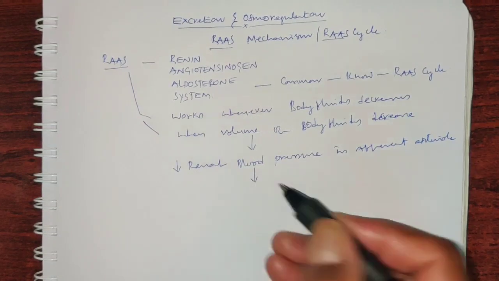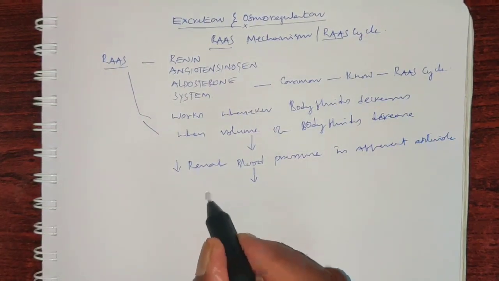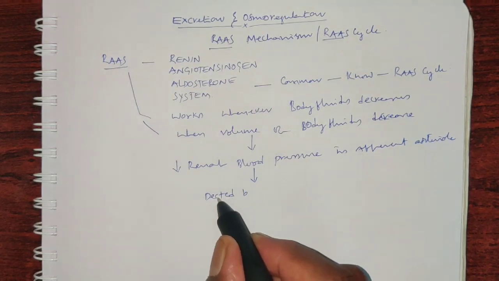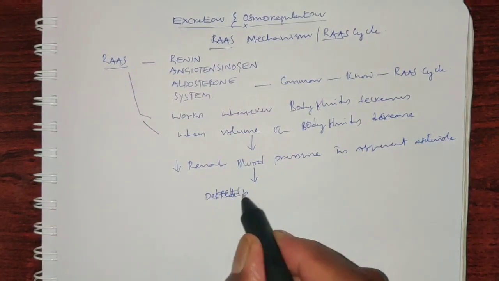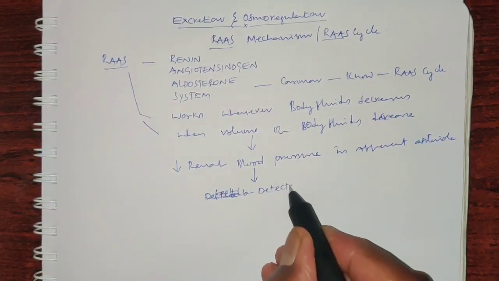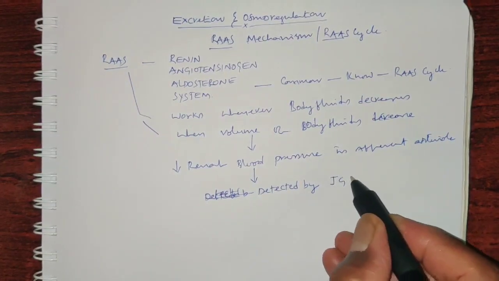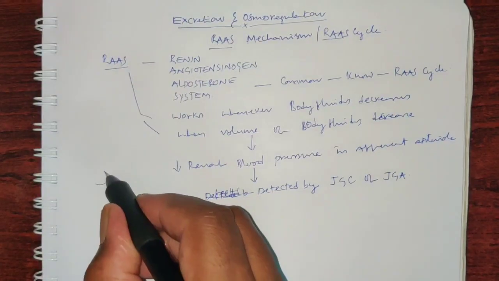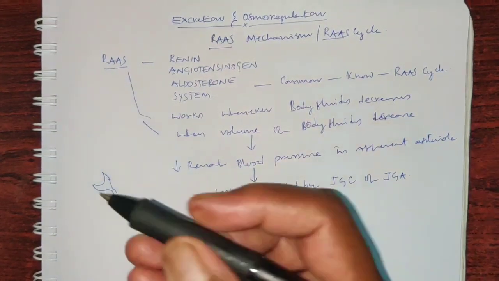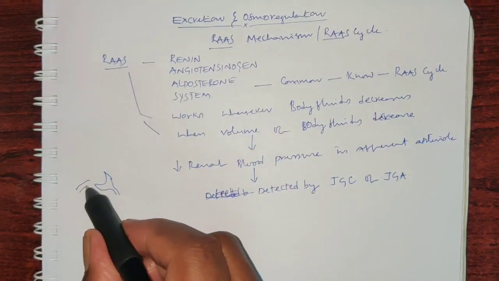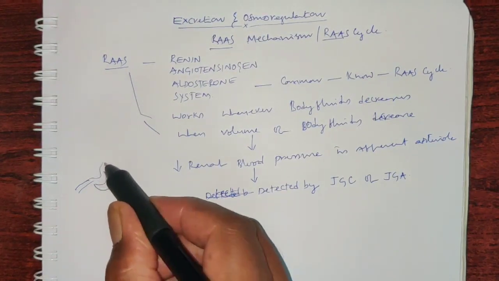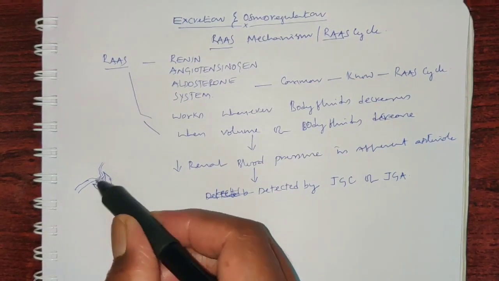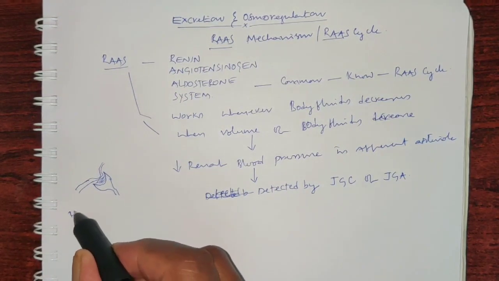When the pressure in the afferent arteriole decreases, it is detected by the juxtaglomerular cells of the juxtaglomerular apparatus. This is the renal artery.